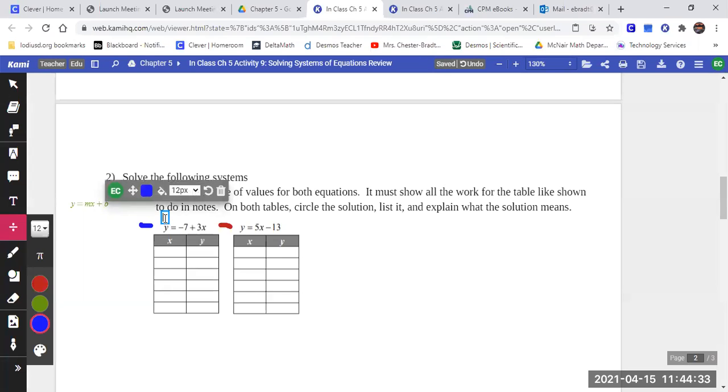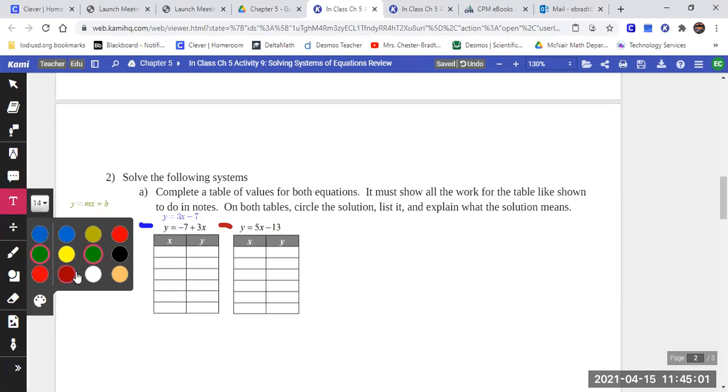What would be the correct way to say this? Yeah. Plus 7. Is there a positive sign in front of that 7? No. So 3x minus 7. Okay. And you would do the same process we did to calculate the table. The other thing that happened is, for some reason, when it was copied and pasted, they left off the word solution.